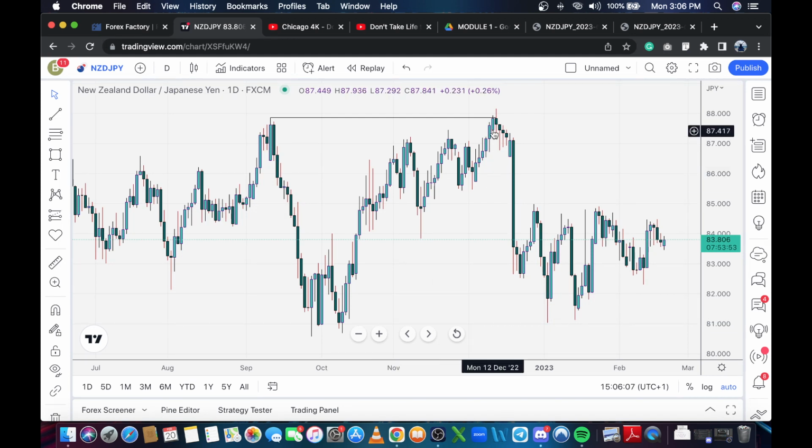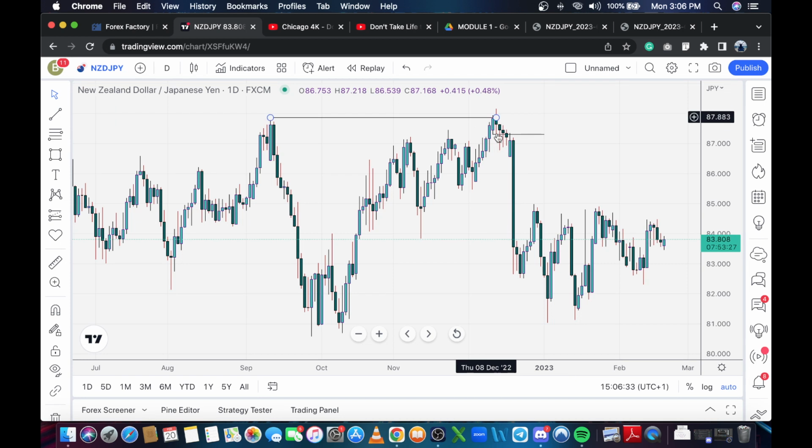So as we ran above that, what's going on there? They're selling. What is the evidence that the institutions were selling the rally? This displacement lower. Now if you miss the chance to sell here, which obviously you're not supposed to be doing because you don't know if it's going to blow through or sell short. If you miss the chance to sell there, you have your bearish order block right there.